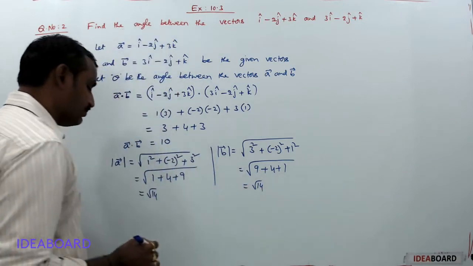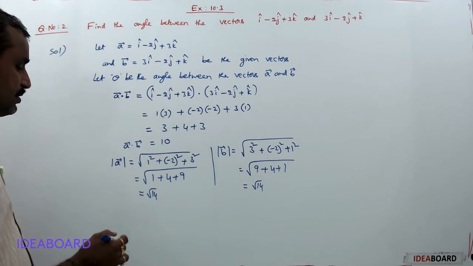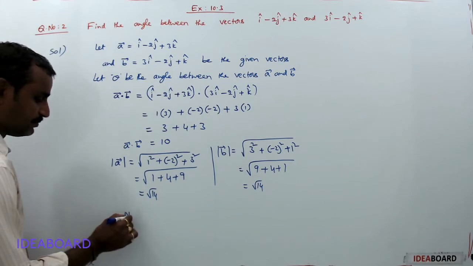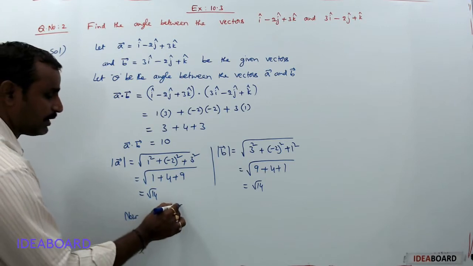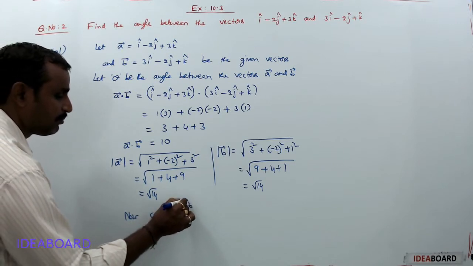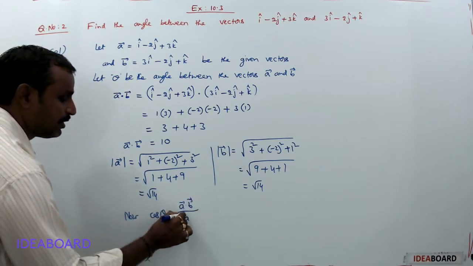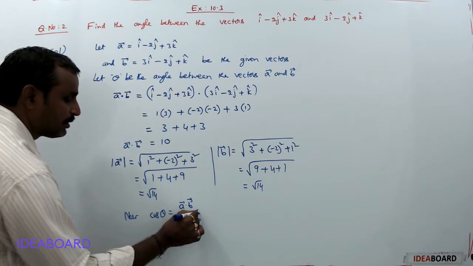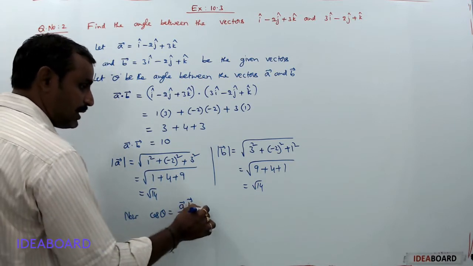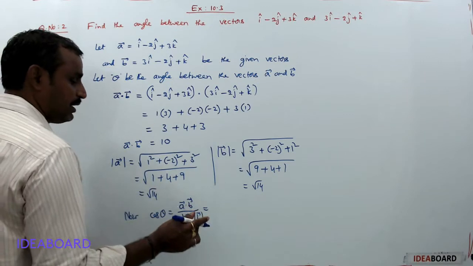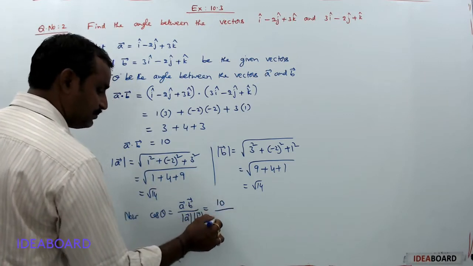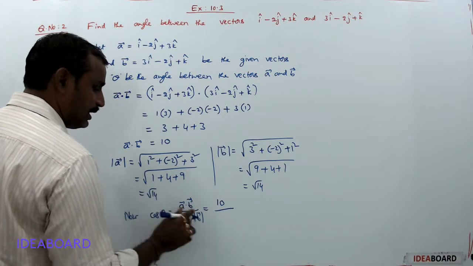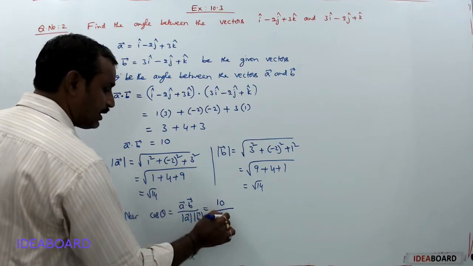Now cos theta is equal to the formula A bar dot B bar by magnitude of A bar into magnitude of B bar. This is 10 by root 14 into root 14.